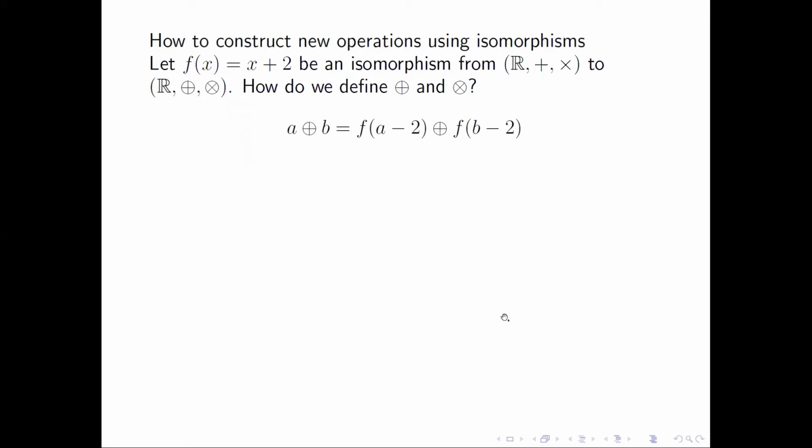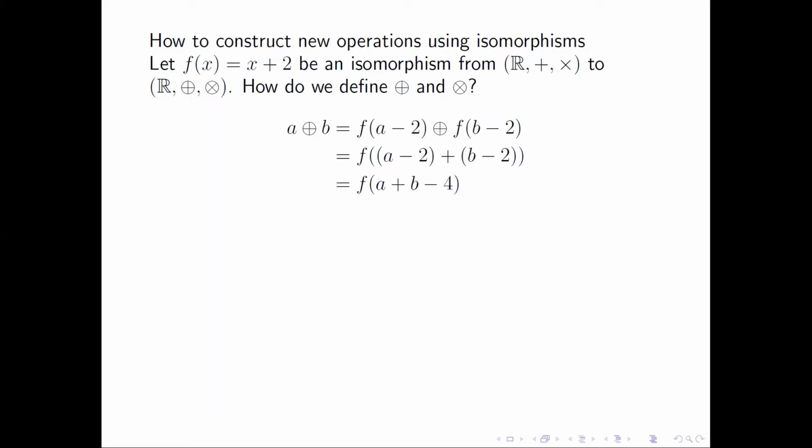Here we go. We know a circled plus b, by definition, is f of a minus 2 circled plus f of b minus 2. And then we know f is an isomorphism. It preserves the operation from plus to circled plus. Then we have this equality.